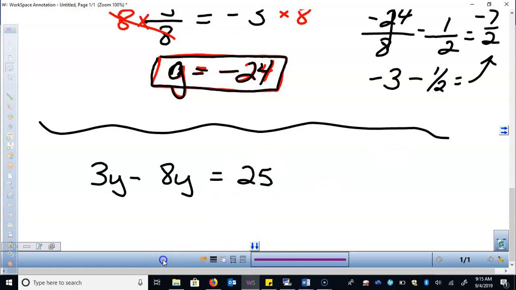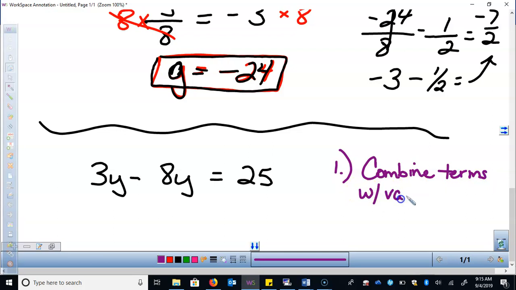The only thing is, the first step in this case is just to combine the terms with the variable. So in a nutshell, in a two-step equation, the first step is making sure that what are called like terms are combined.